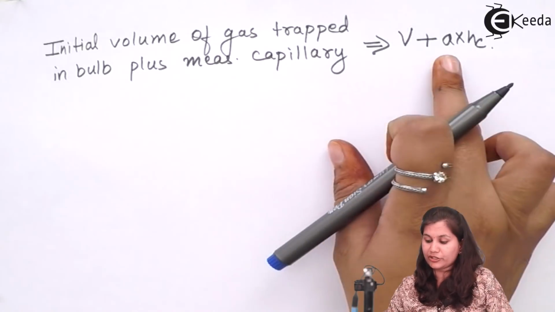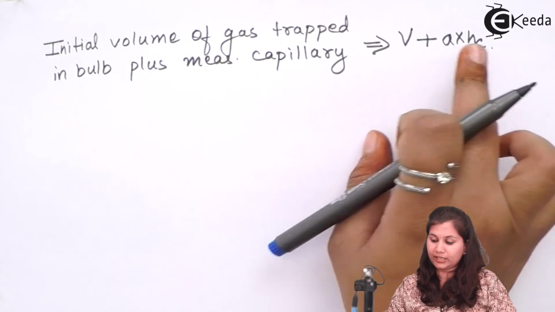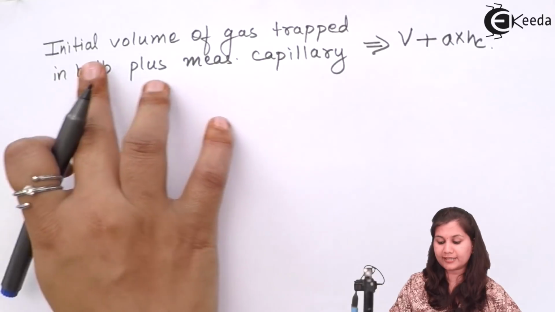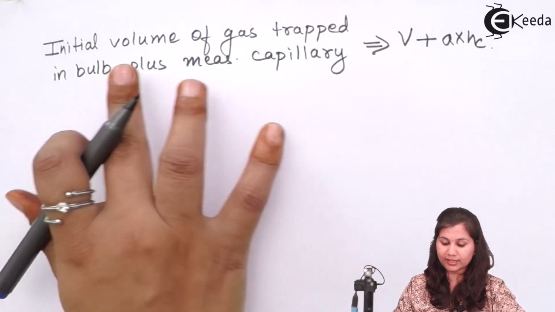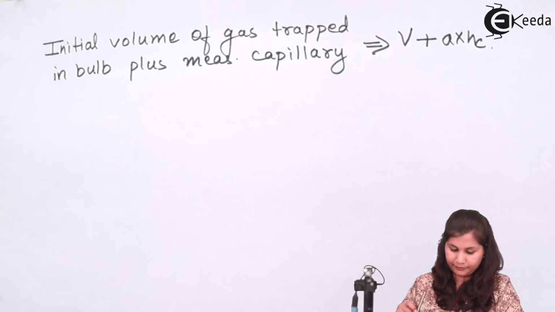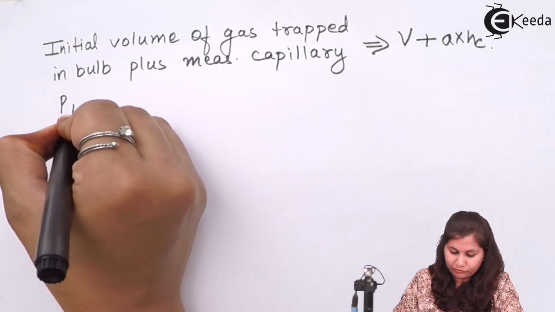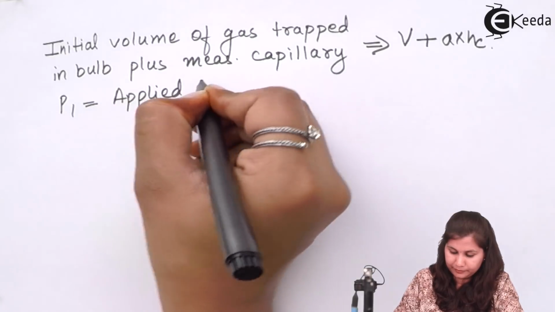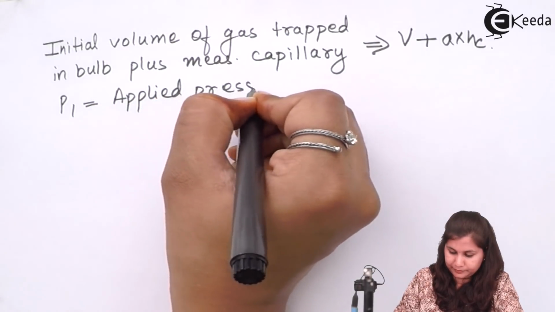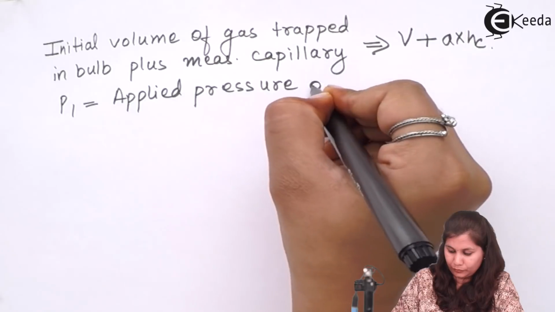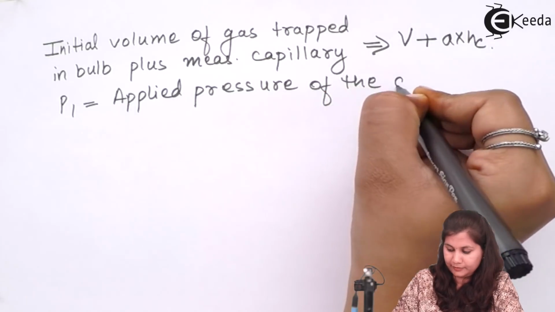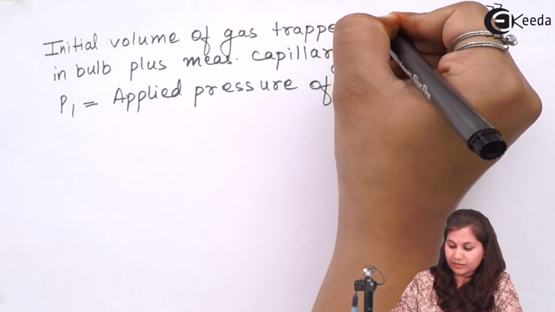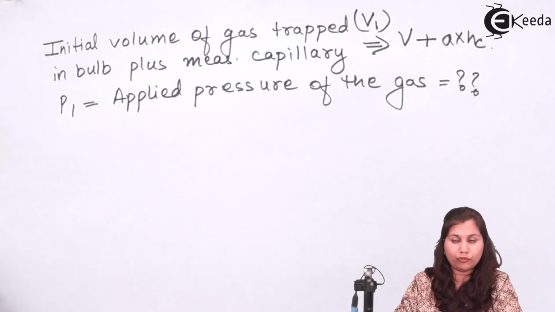So the area of cross section is A, height is HC, and volume of the bulb is V. So we have added this, and this is the initial volume of the gas which is trapped. P1 was the applied pressure of the gas, which is unknown to us, and this is V1, the initial volume.